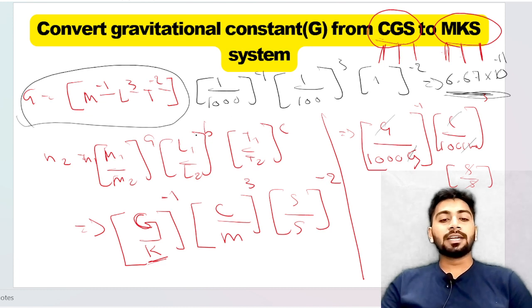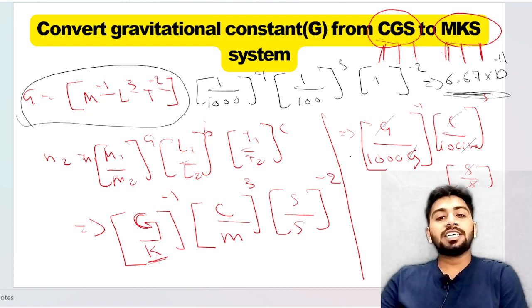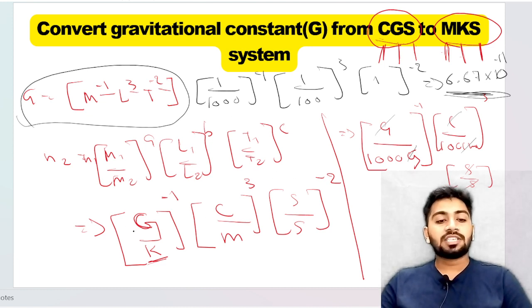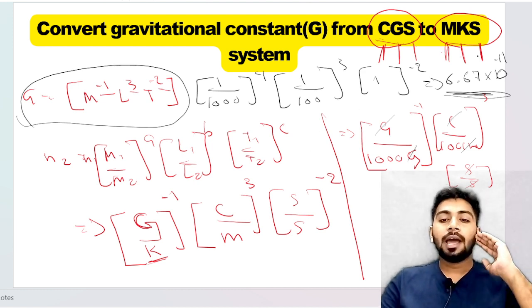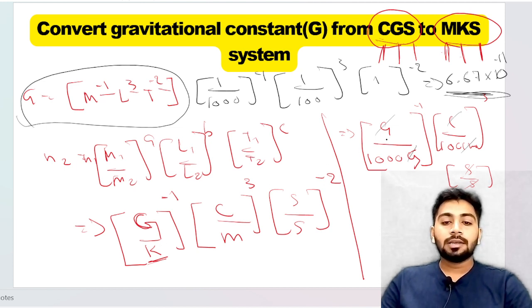We are just converting gravitational force from CGS system to MKS system. For CGS, we will write CGS in the numerator and MKS in the denominator. Gram is CGS and here is kilogram. 1 kilogram is equal to 1000 grams. We will cancel gram and gram. There comes 1 by 1000.